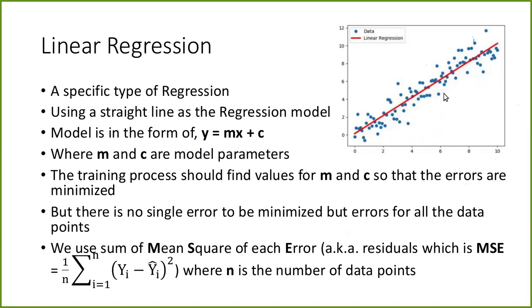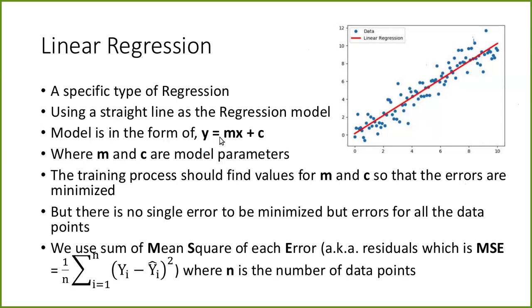If it is not linear, we are not going to use linear regression. That is the first thing we have to know. In order to use linear regression, first there should be a linear relationship. And because it's a regression, this is a supervised machine learning algorithm in which the y value is a continuous variable.